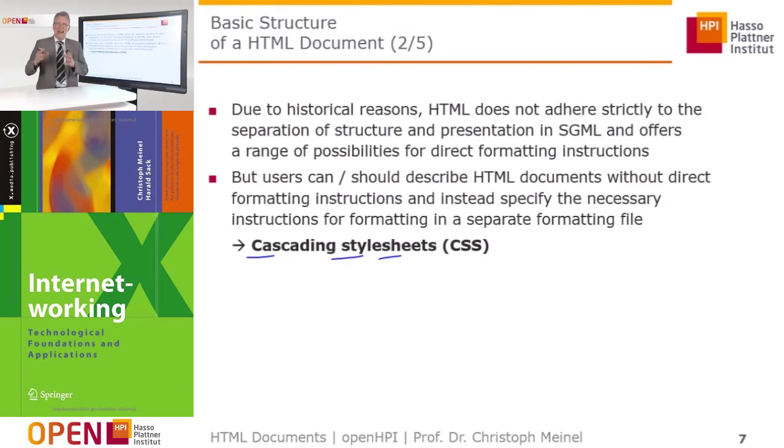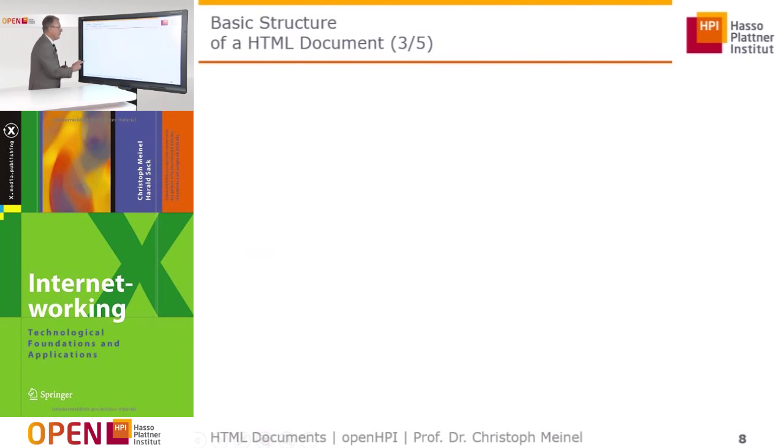Cascading style sheets is a language that provides format controls which are assigned to the markups and helps the browser to understand in which way a structural element described by HTML is displayed, for example, on the screen.